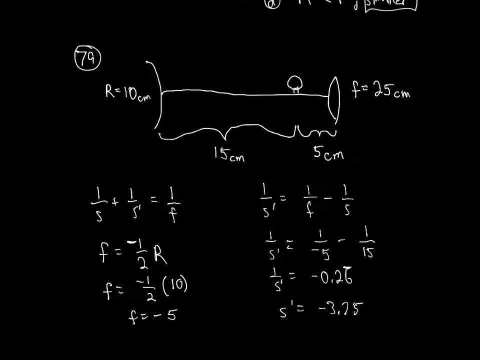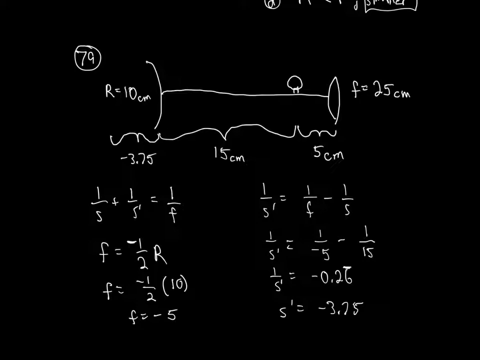My image is negative 3.75 centimeters back. And how do you know it forms there? I got the image distance, it's negative 3.75. Since it's negative, a negative image distance means I form behind a mirror. That's opposite for lenses. A negative image distance means I form in front of the lens. The sign conventions, that's what will really screw you up in these.